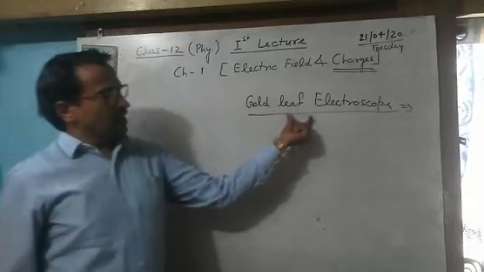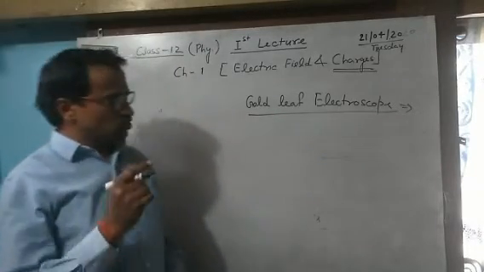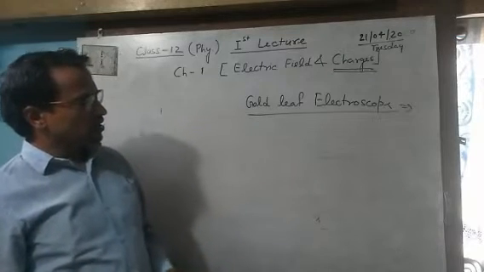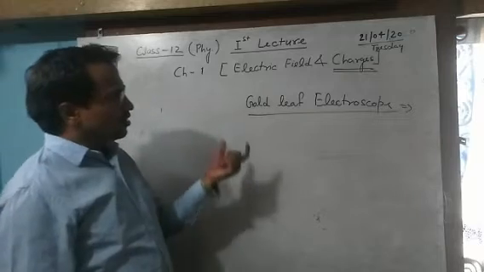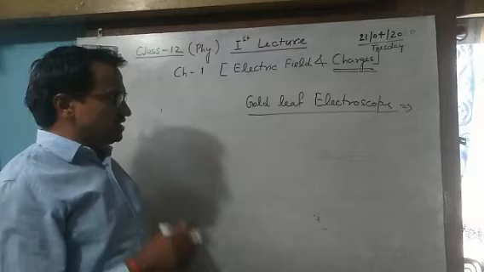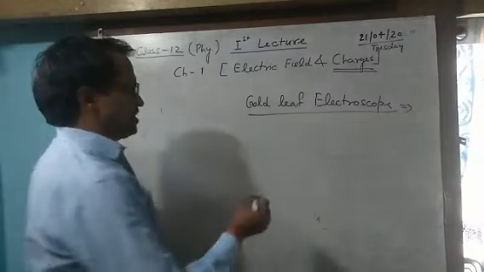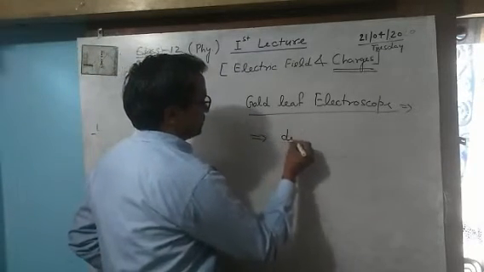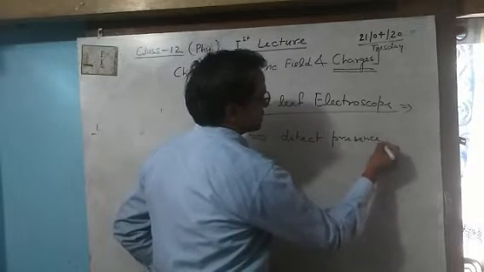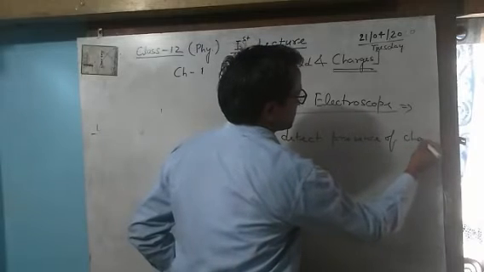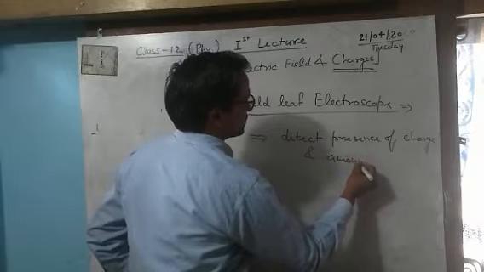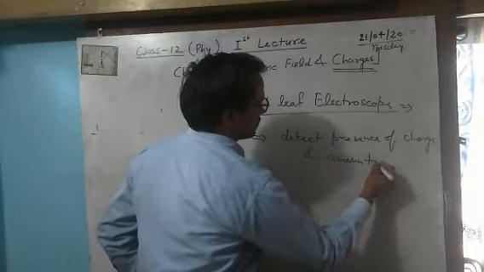Gold leaf electroscope is an instrument by which we can detect the presence of charge and amount of charge.